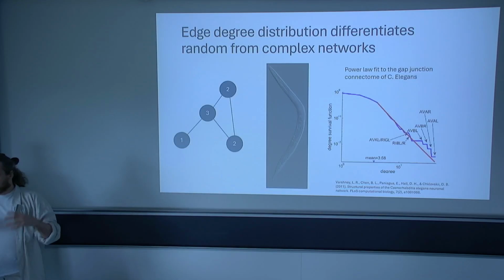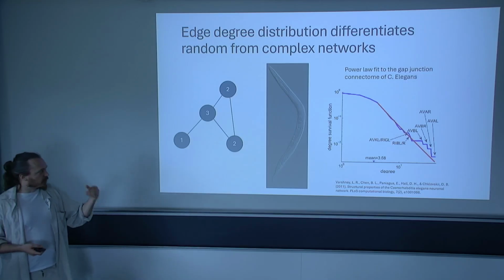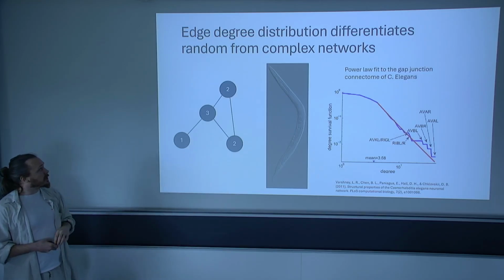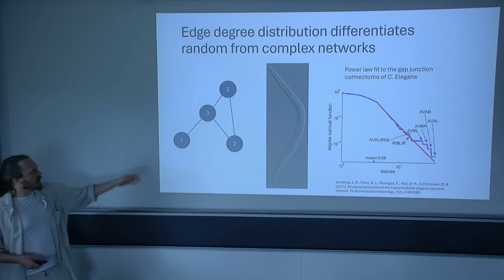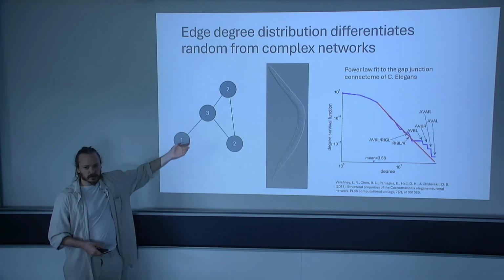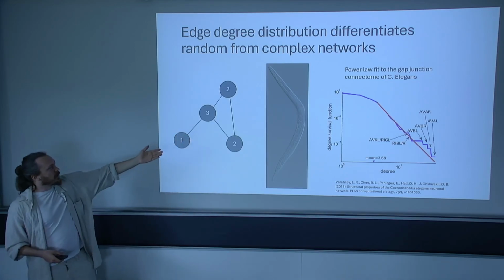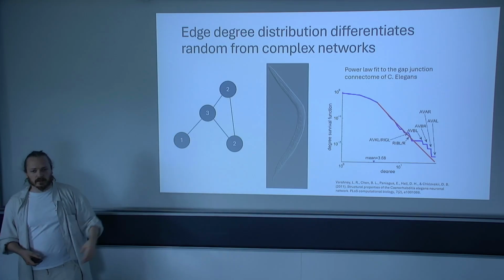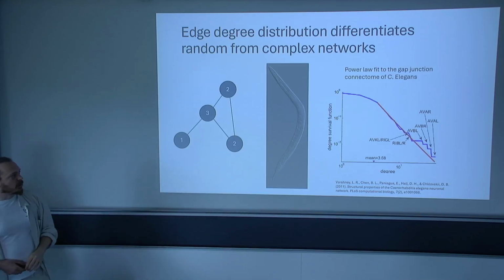Then there are also general features, like again we have power law distributions of edge degrees. If you're not familiar, the edge degree is just the number of edges that you have from a node. And in systems like C. elegans, you get something similar to a power law. There's some variation here in the edge degrees.